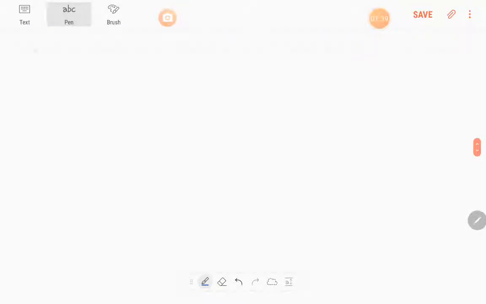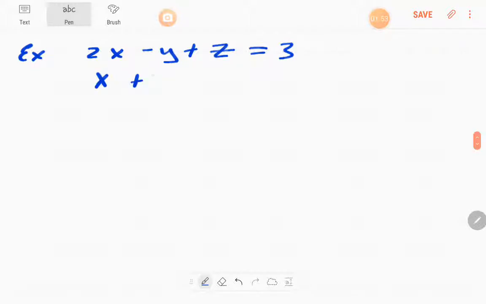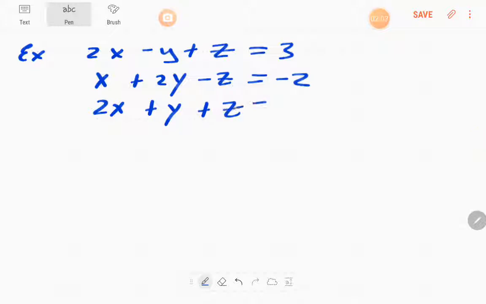For example, if we're given this system of linear equations, first we're going to put it into a matrix form.